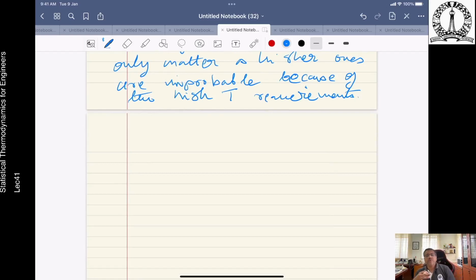Nevertheless, you can establish a cutoff on a case-by-case basis at high temperatures.